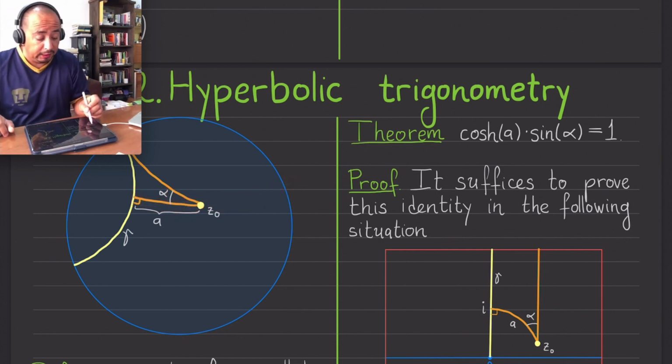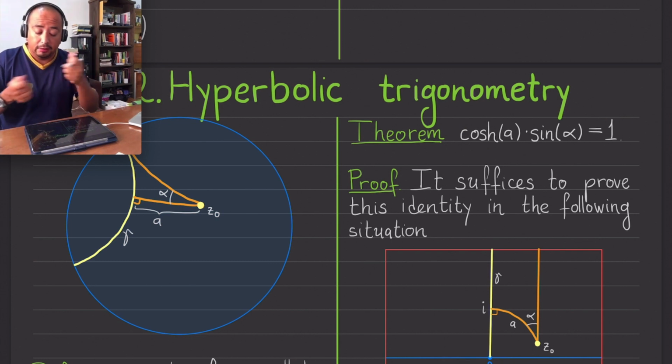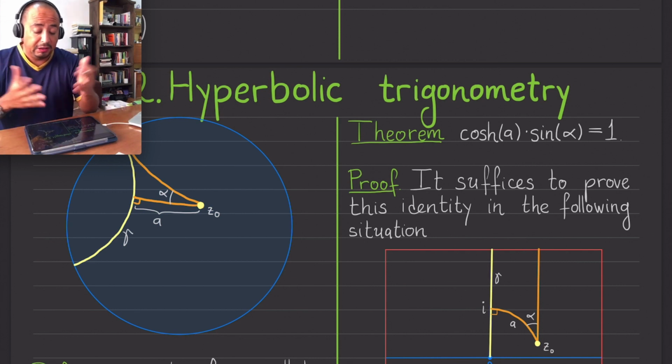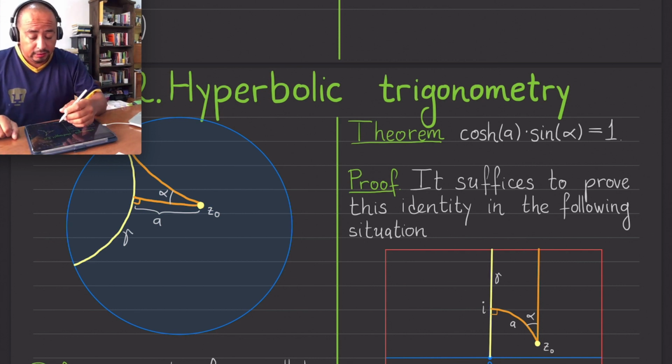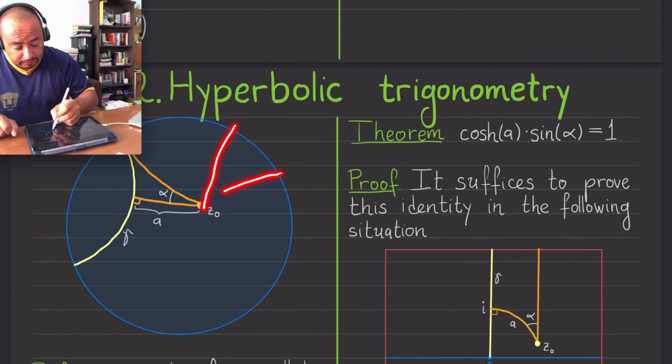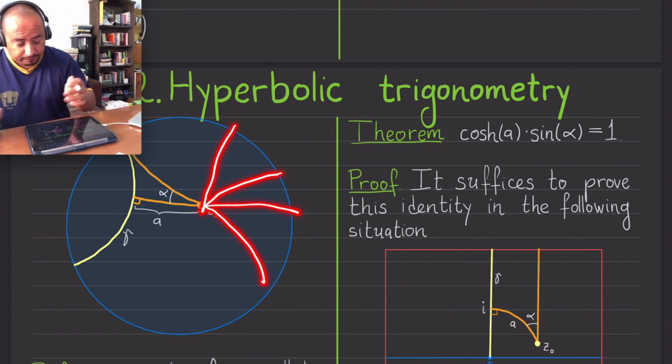So in particular, one can write a program, an interactive GUI where you can take this point and move it around, with nicer pictures, and so on.